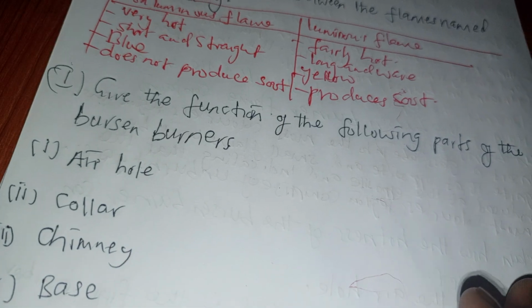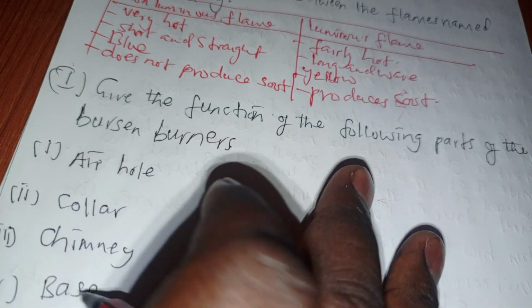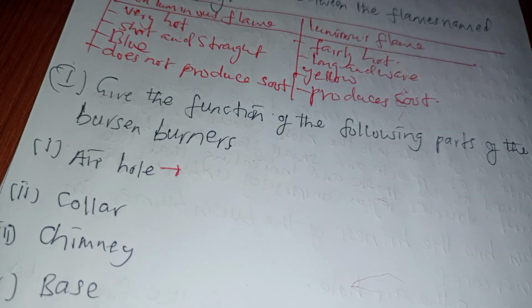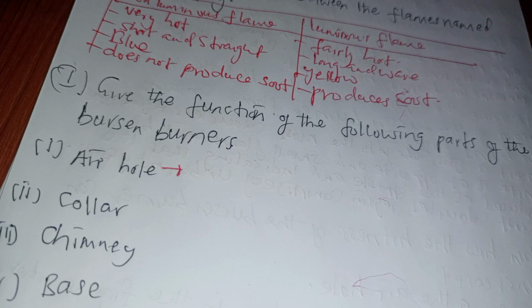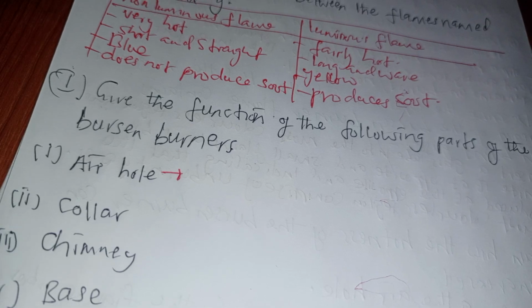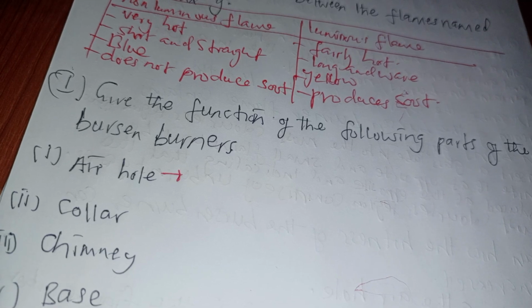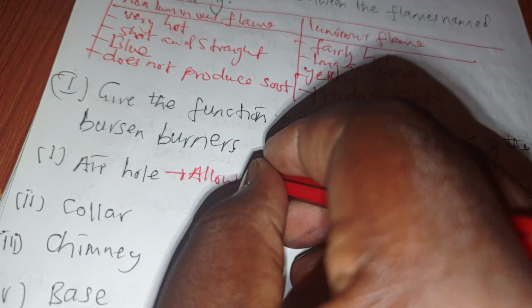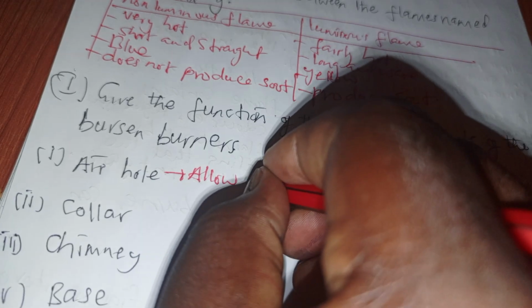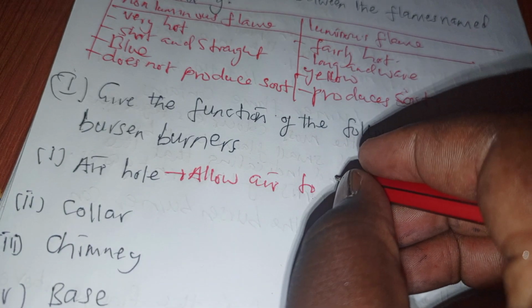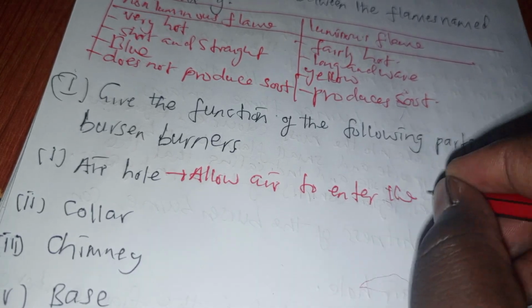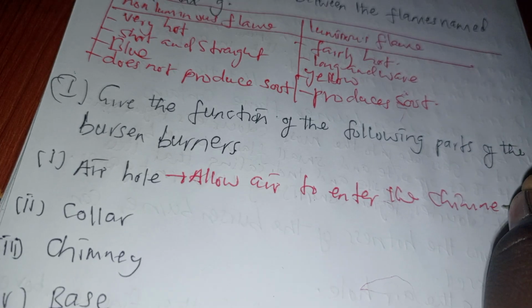So question I, give the function of the following parts. So I've got the air hole. What's the purpose of the air hole? This one allows air to enter the chimney.